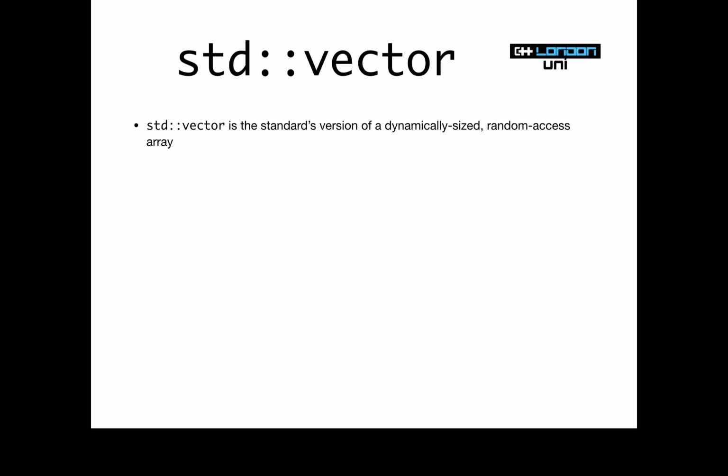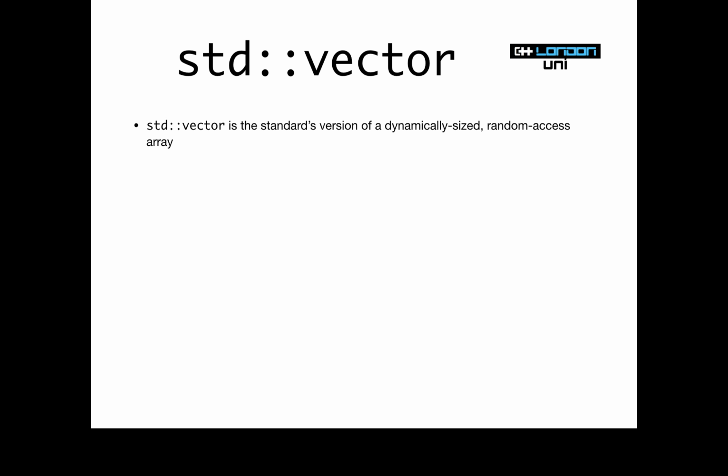Vector, unfortunately, is slightly ill-named because it's absolutely nothing to do with mathematical vectors. So if you know about maths and vector spaces, that's not this. I'm not quite sure why they decided to call it a vector, but that's the name we've had for 25 years, so that's what's stuck.